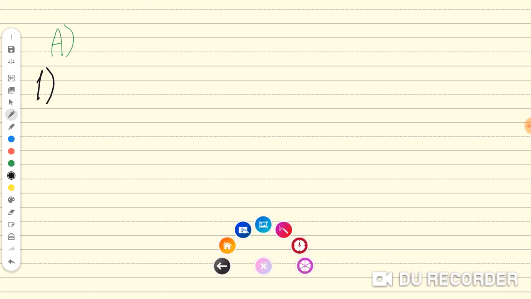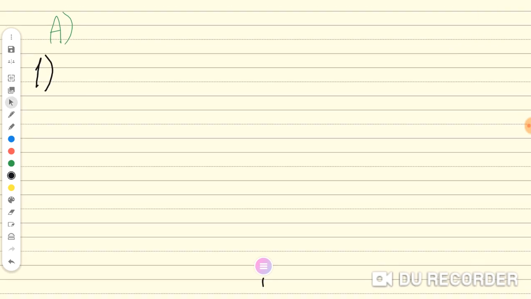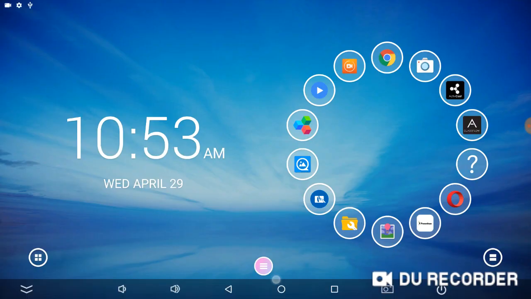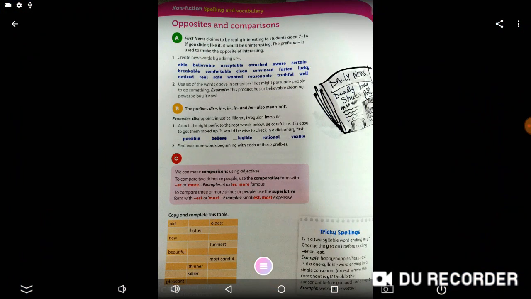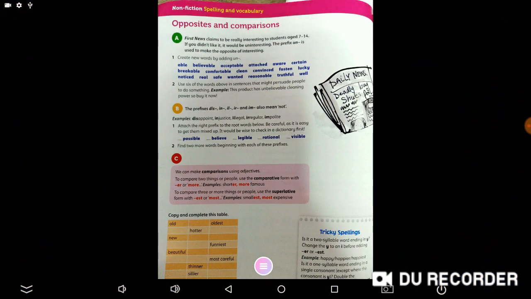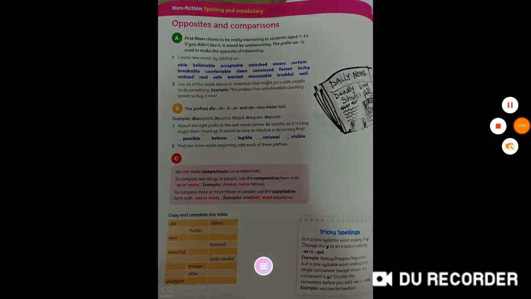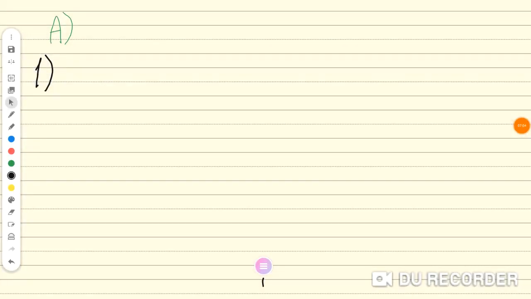For example, I'll choose the word aware.